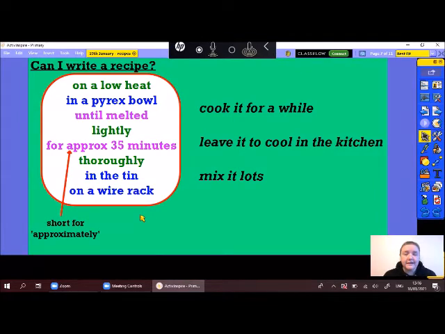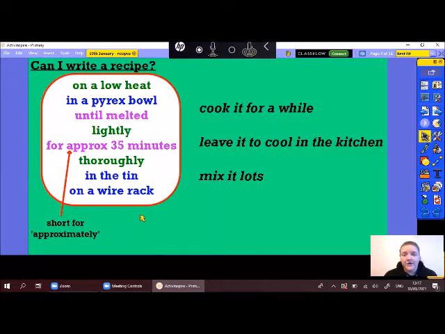The blue ones, in a Pyrex bowl, in the tin, or on a wire rack, tell you where to do something. The purple ones, until melted and for approximately 35 minutes, tell you when to do something or how long to do it for.